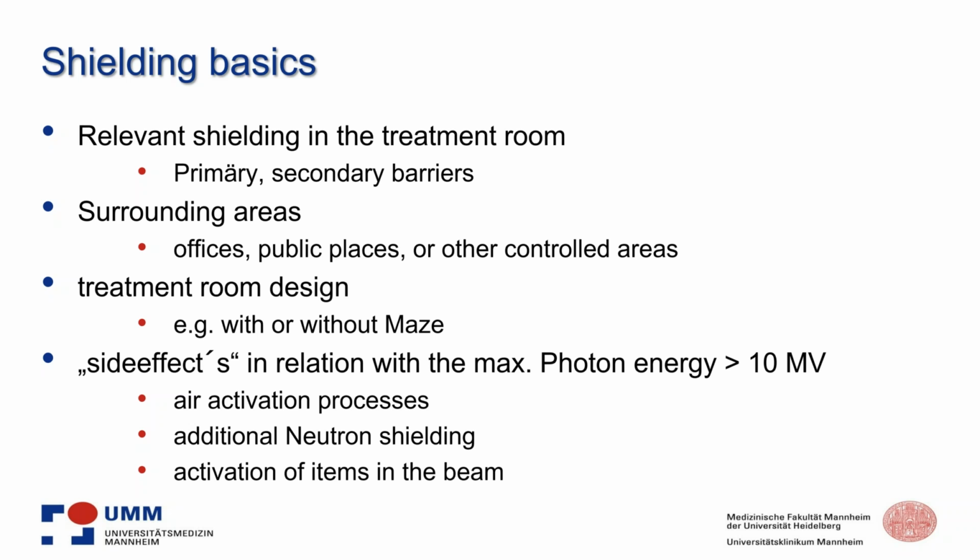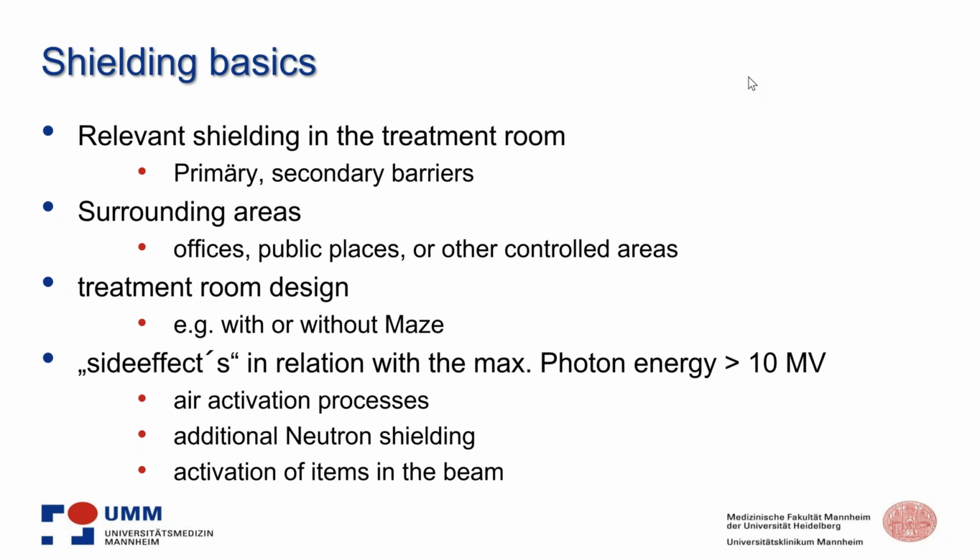Yeah, the shielding basics for radiation therapy. Relevant shielding in the treatment room needs, we are talking about primary and secondary barriers. We have the surrounding areas, what's around your treatment rooms: offices, public places, or other controlled areas.